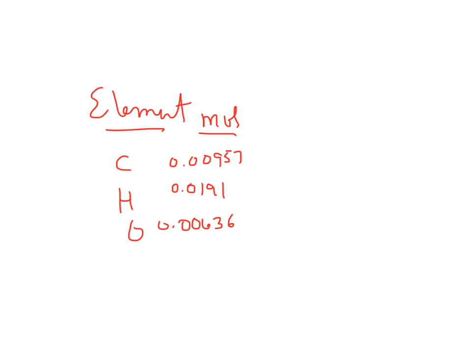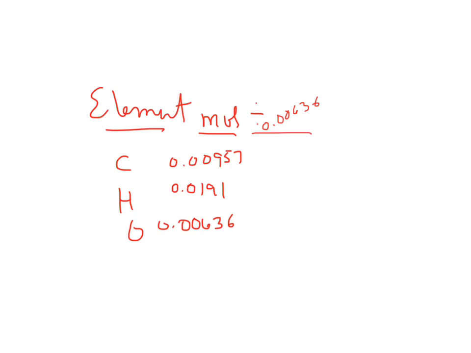I'm after whole numbers, and it really works pretty well if you make a column here and divide by the smallest number. So what's the smallest number there? Yeah, it is oxygen. So we're going to divide everything by 0.00636. I went ahead and did that at my desk.